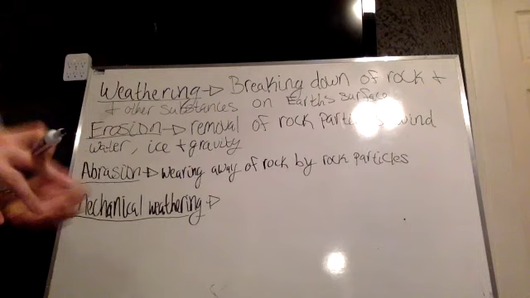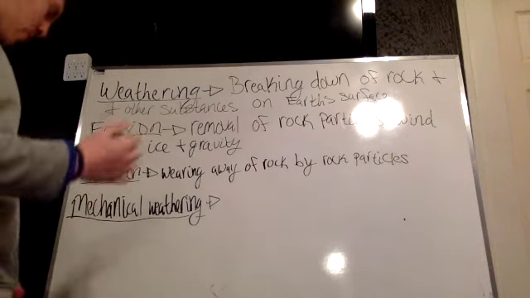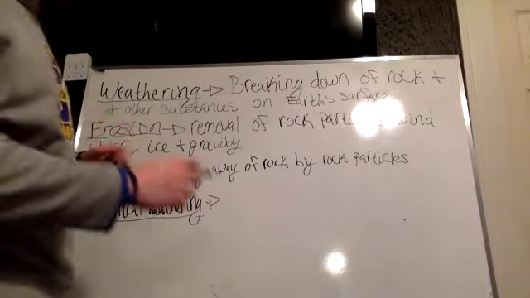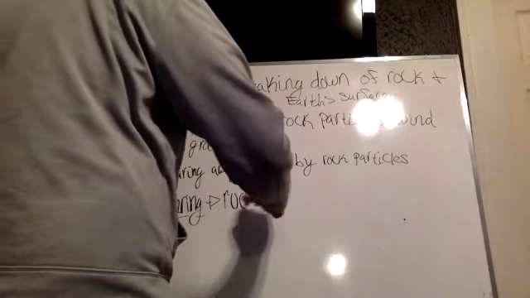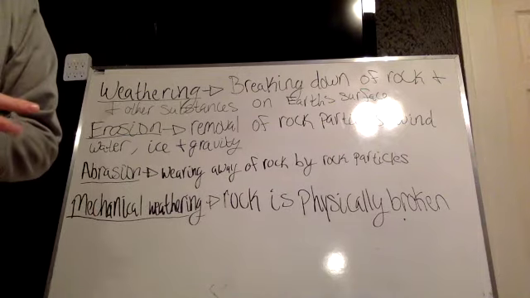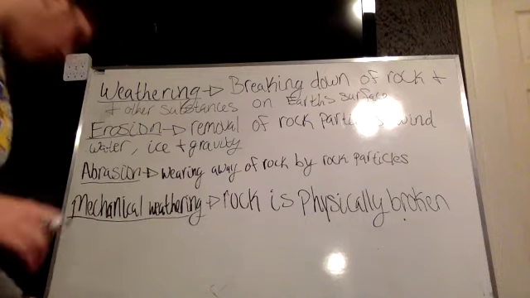You can touch them, you can feel them. They work against each other in a physical manner, okay? Mechanical weathering is when rock is physically broken. It just doesn't randomly happen. Something's working against it. Basically, it's broken up into smaller particles or smaller pieces.